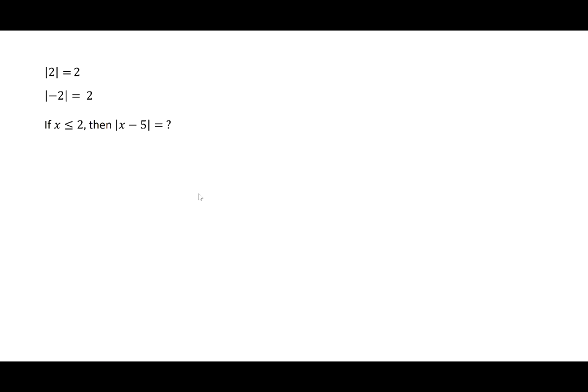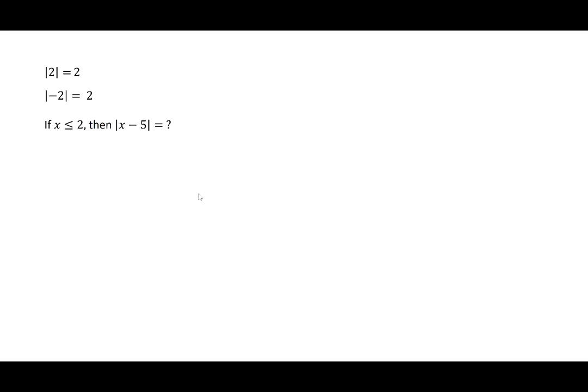The reason is, what if I were to ask you a problem like this? If x is less than or equal to 2, so there is this variable x which takes on all kinds of values. You can pick anything that is less than or equal to 2: 1, 0, -1, -1.3, -1.2. You can think of any number that's less than or equal to 2.